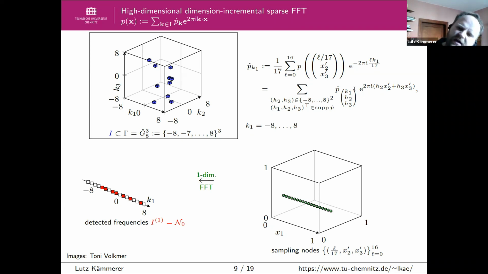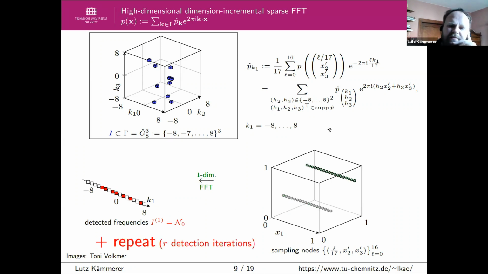And if you do this, and you see that this sum of Fourier coefficients is non-zero, then at least one of the blue dots has this specific component as k1, right? So you mark them here, just with red. These are the red dots.